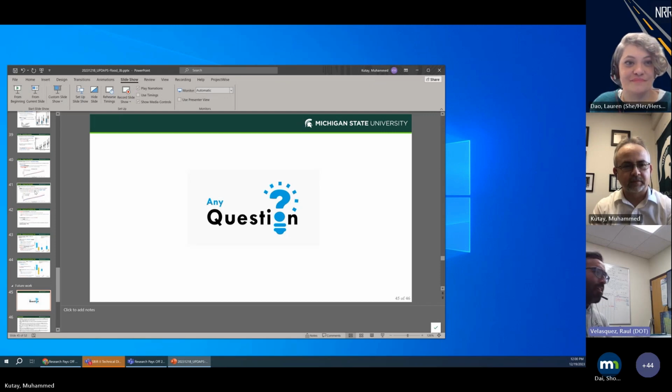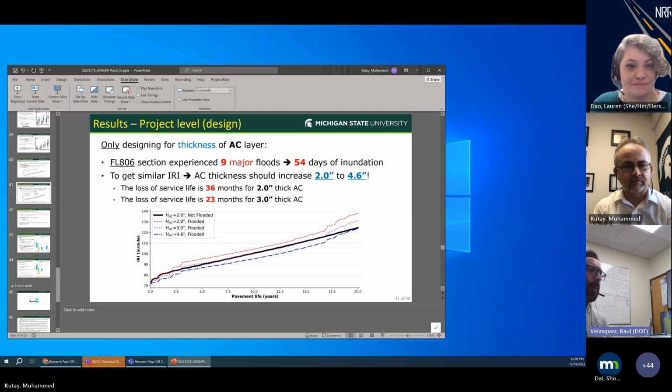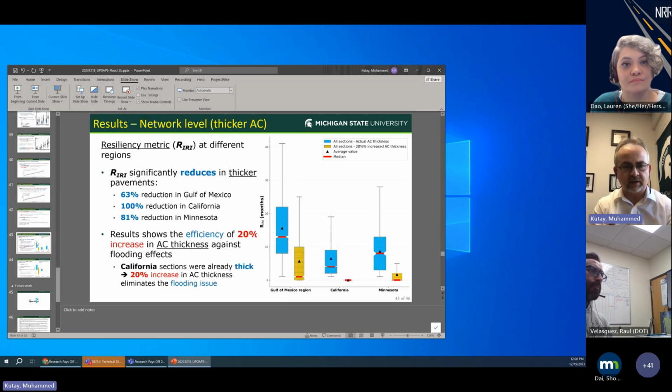So you referenced some California results too. Is that from modeling too, or from actual sections where if you increase by 20%, you are better at responding to flooding? Yeah, I think one thing we realized is that California was responding to the simulations better, in a sense. Although there is more flooding there, their performance is a little bit better. And when we looked at the data, overall, their pavements are on average 2 inches thicker.